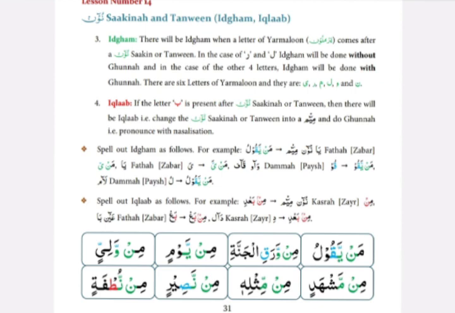Ra zabar ra, min wara. Qaf lam zir qil, min waraqil. Jim nun zabar jan, nun zabar na, janna. Ta zir ti, jannati. Min waraqil jannati.